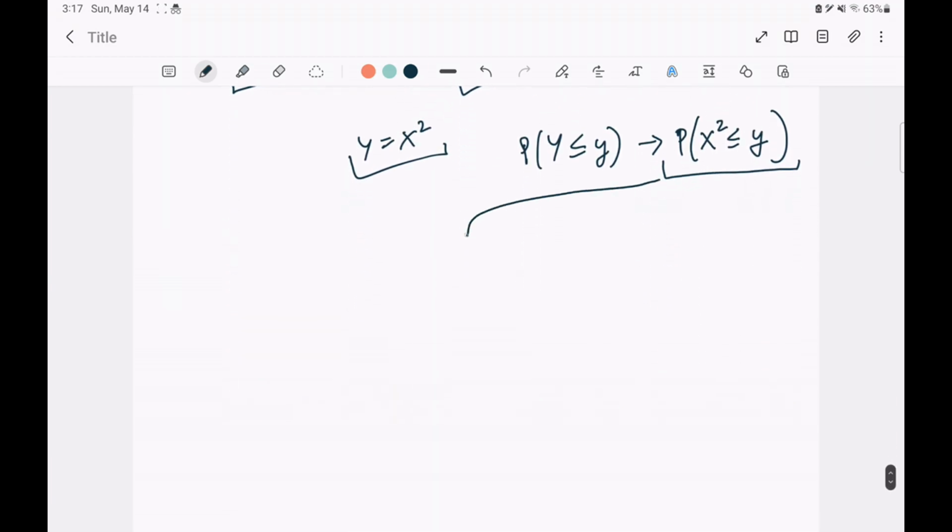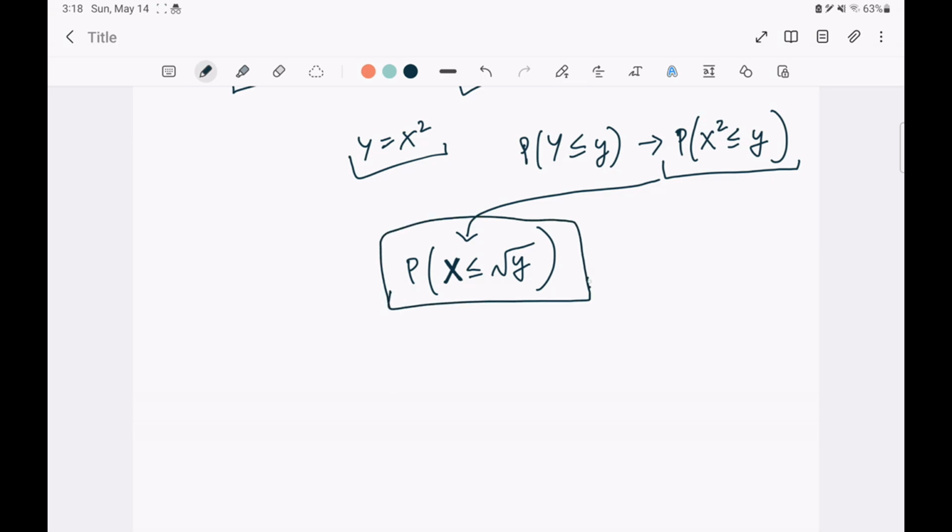We can write it as P of X less than or equal to root of y. Otherwise that wouldn't be the case. And you can also say that this is nothing but capital F of x, where we have given the input root of y.